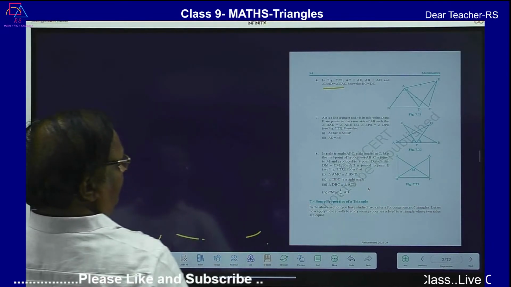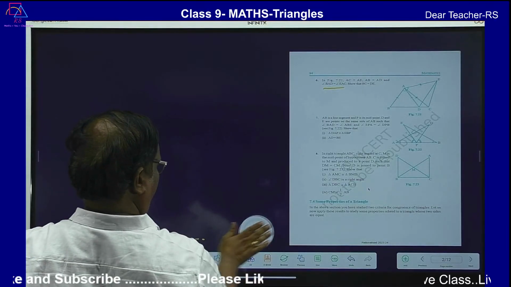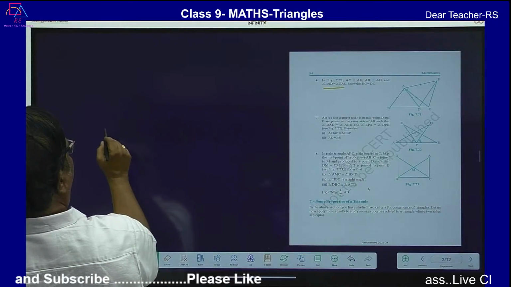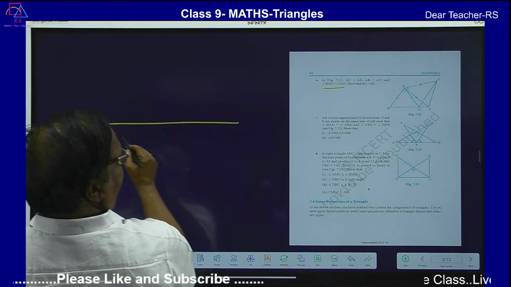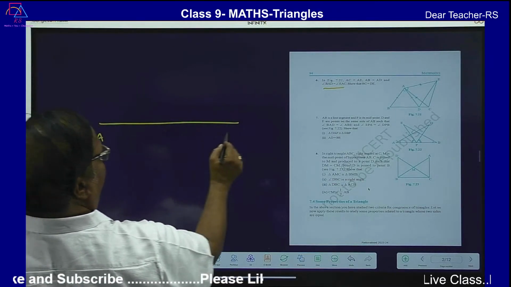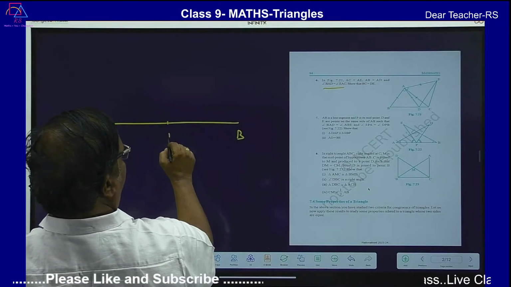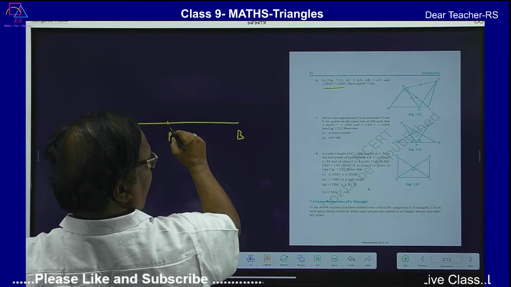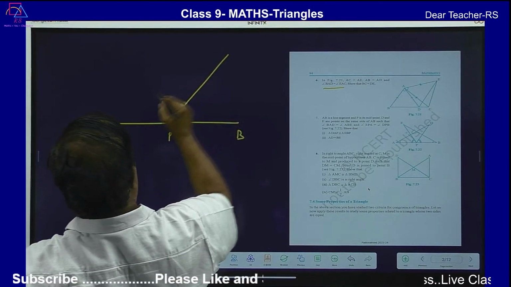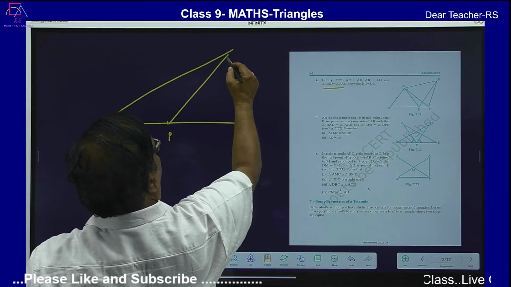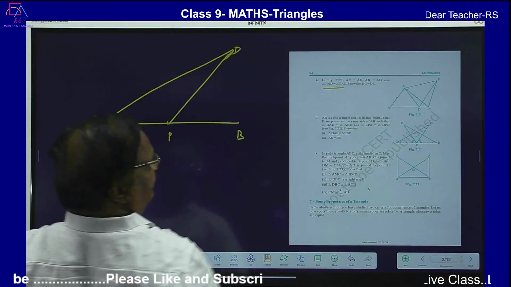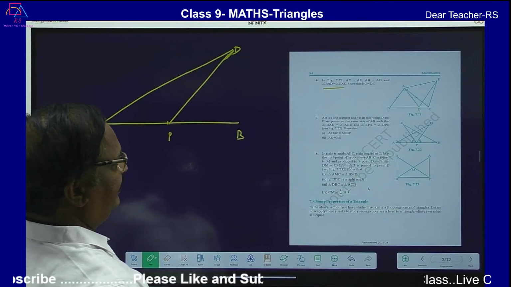Right. So AB, this is P, and this is one triangle, APD is one triangle. Okay.